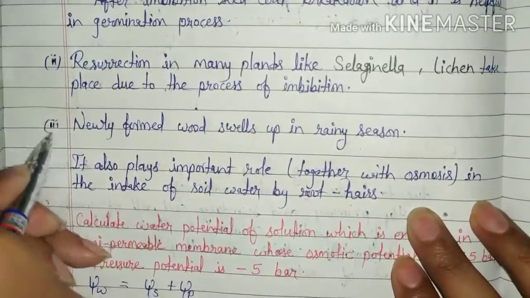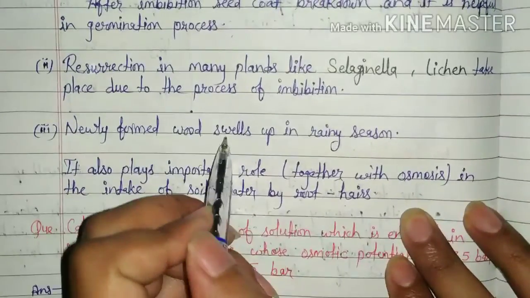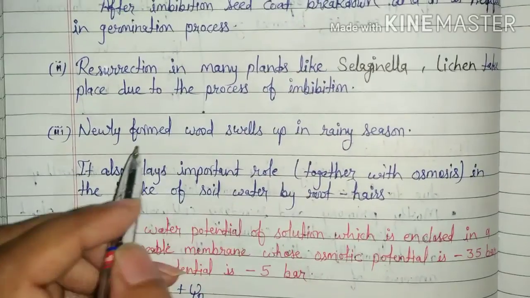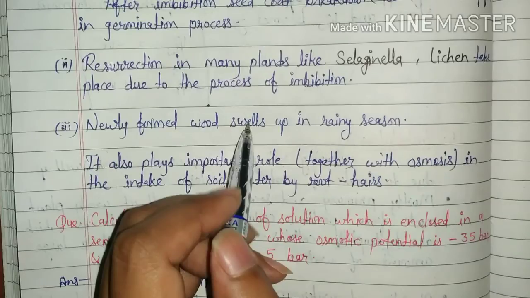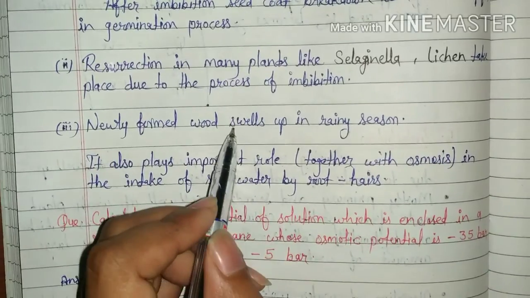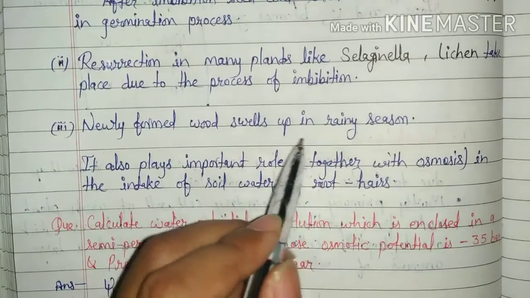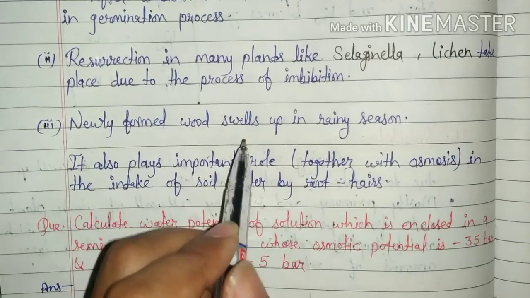Third importance, newly formed wood develops in the rainy season due to imbibition because cellulose and pectin absorb the water molecules. Then in the rainy season doors swell up.